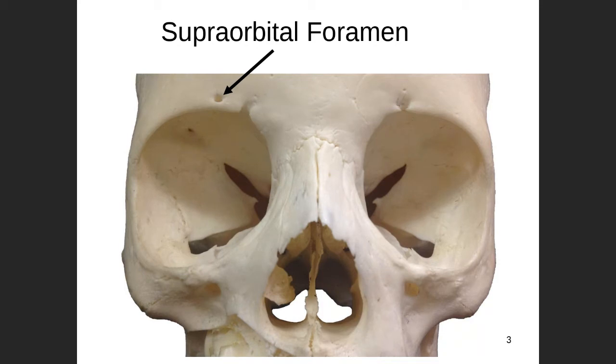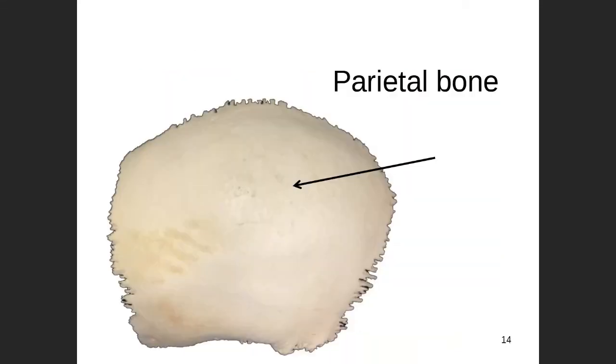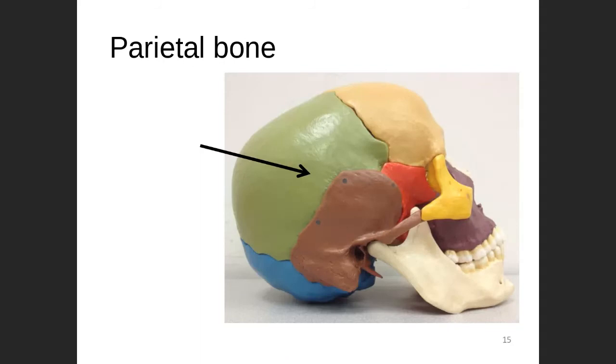Let's move on to a different bone in the skull, the bone that sits on the side of your head. This is known as the parietal bone. Now it's really hard to figure out where this is on the skull because we don't really have a point of reference, so I'm going to give that to you on this slide. You can see that this green bone here is the parietal bone.